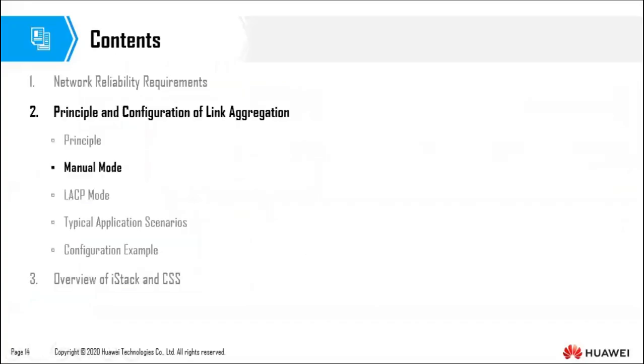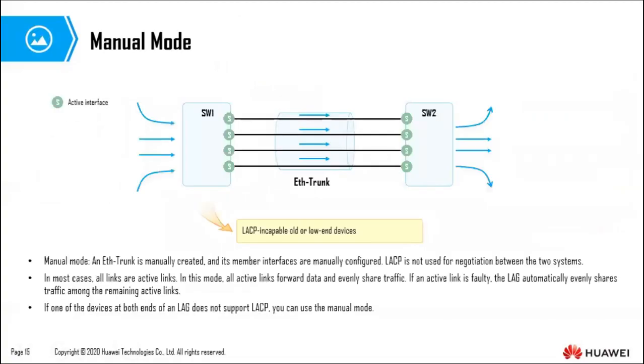So let's look at the manual mode. How do you do this? Manual mode means an Ethernet trunk is created manually. Its member interfaces are manually configured. LACP is not used for negotiation between the two systems.